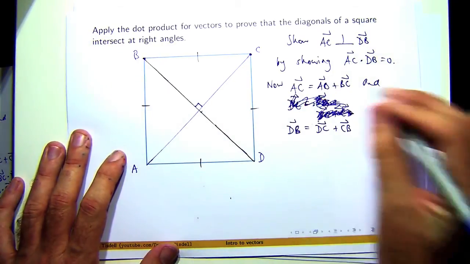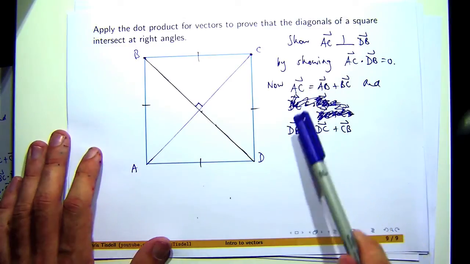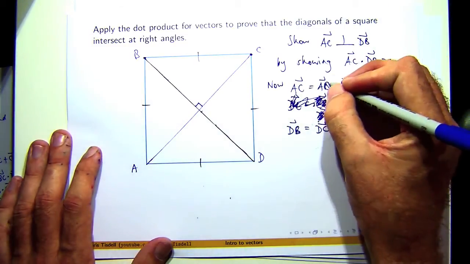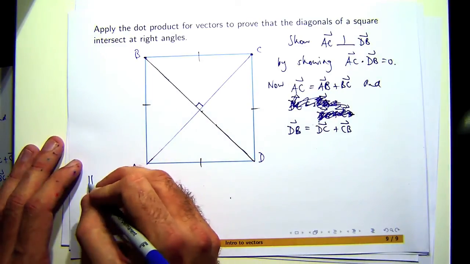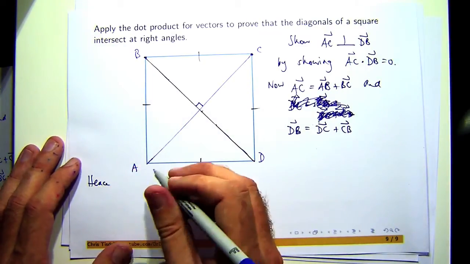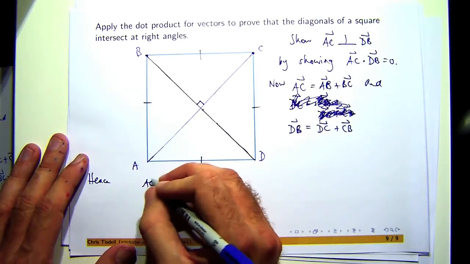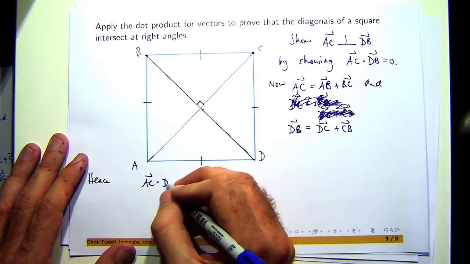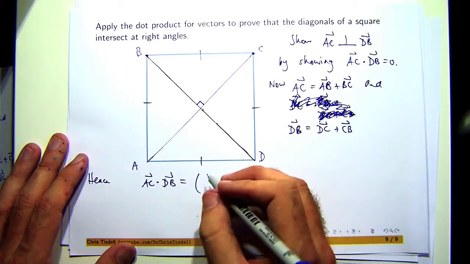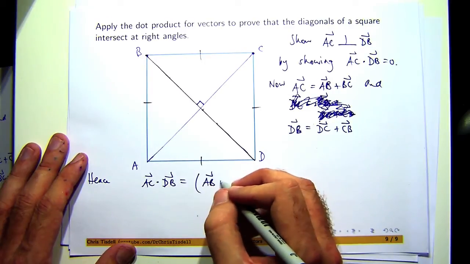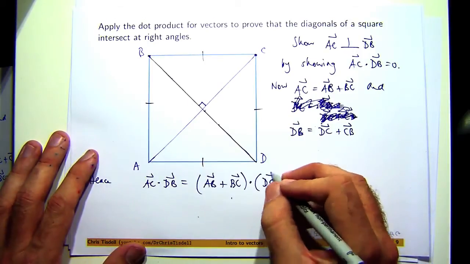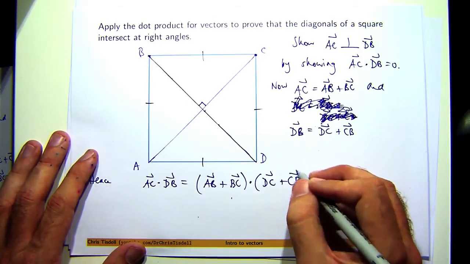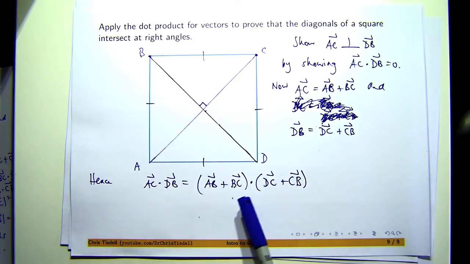All right, so let's take the dot product of these two things. We can distribute it because of the distributive law for dot products. AC dotted with DB is going to be this. And I'm going to expand this in the usual fashion, keeping the dot product between all the terms.